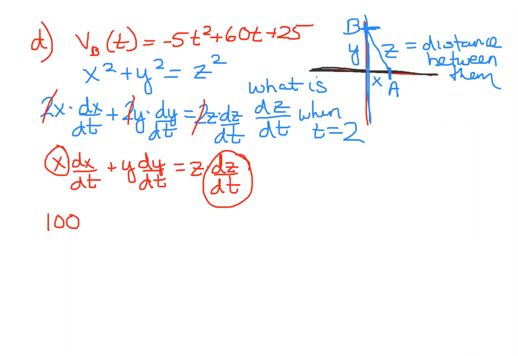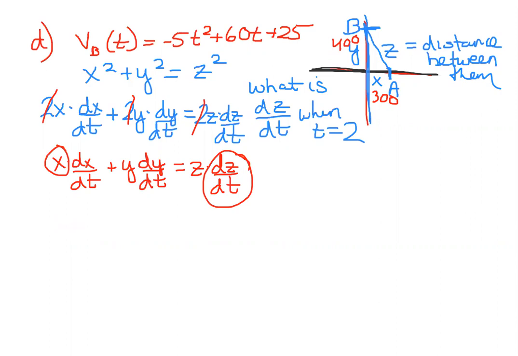I'm sorry, I did that wrong. At time t equals 2, the position is 300. And they told us that in part C. Do you see that? At time t equals 2, train A's position is 300. And then in part D, it's told us at time t equals 2, train B is 400. So this is 400, that is 300.